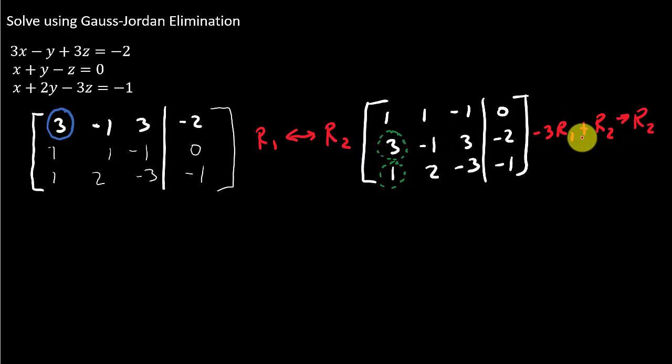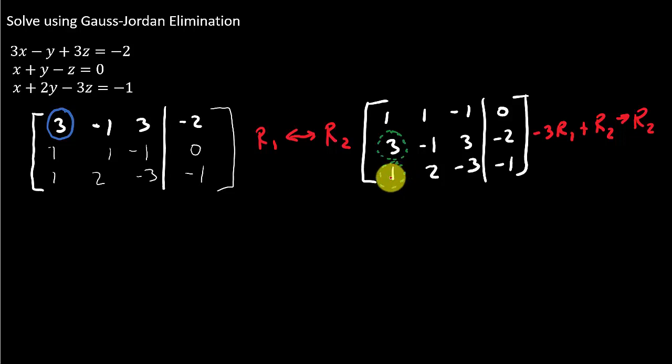Okay? Because see, if I multiply this by -3, so -3 times row 1, so 1 times -3 is -3, and then plus the row 2, which in this entry is a 3, the -3 plus 3 will give me the 0.